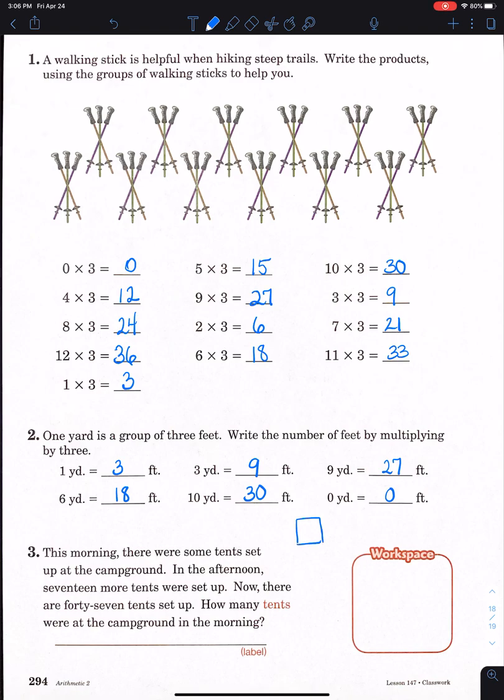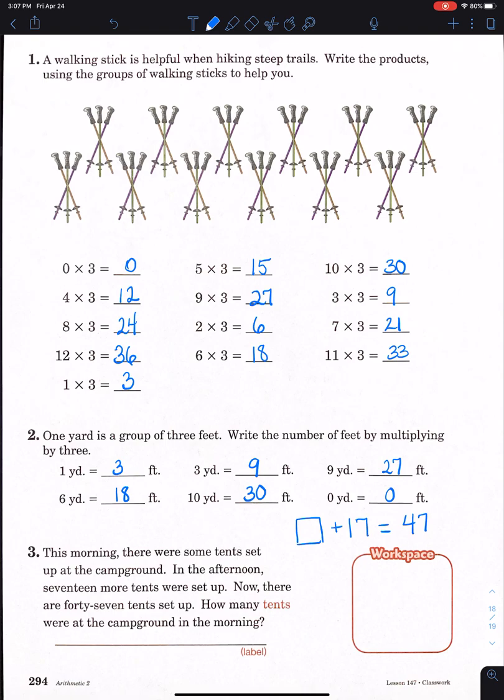Okay. Now there are 47 tents set up. But they also set up 17 in the meantime, okay? But we know that right now there are 47. And we know also that they set up 17 in the afternoon.